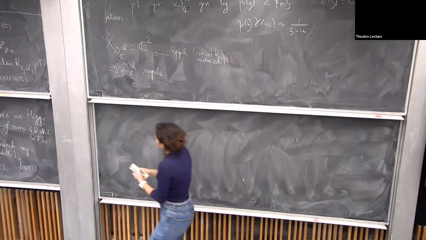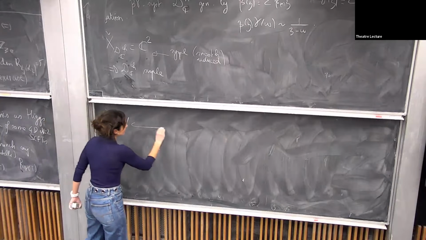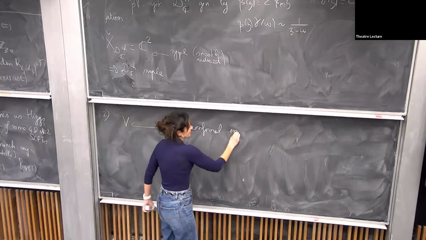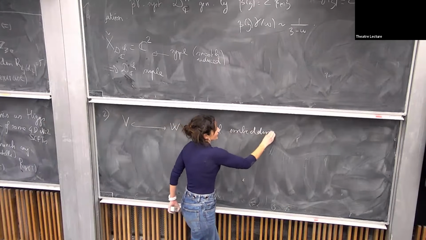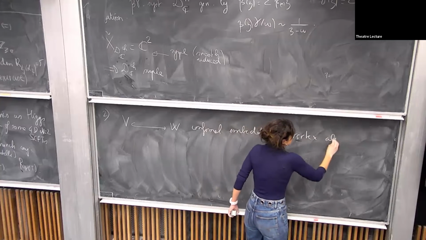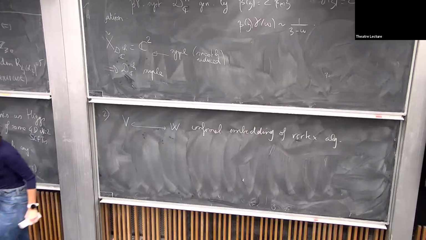What we want to consider is a conformal embedding of vertex algebras. It means it sends the conformal vector here to the conformal vector here.